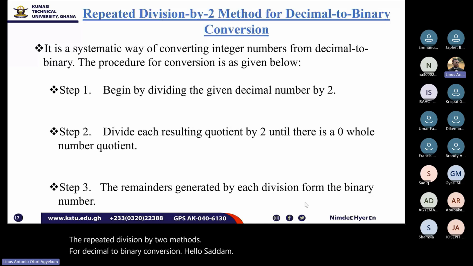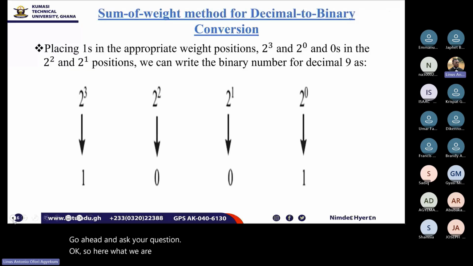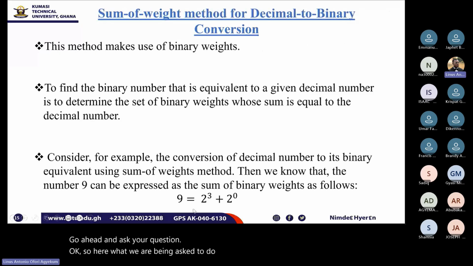Okay. So here, what we are being asked to do is to find binary digits that are equivalent to the decimal number 9. Now, let me take you back a little bit and show you something.